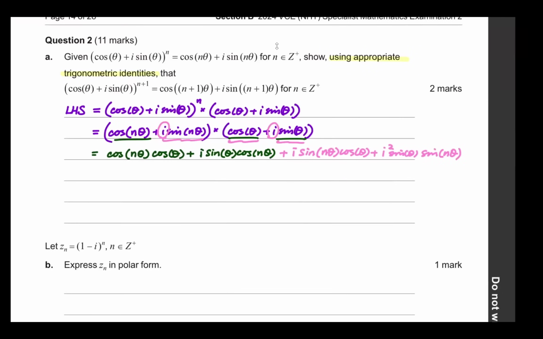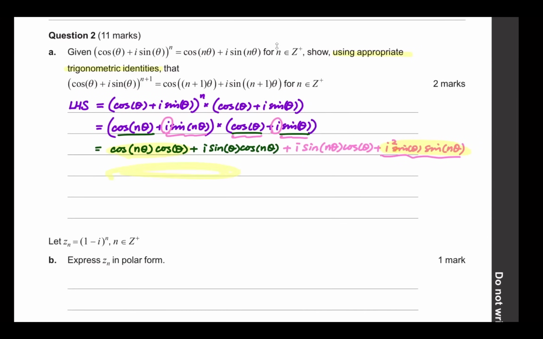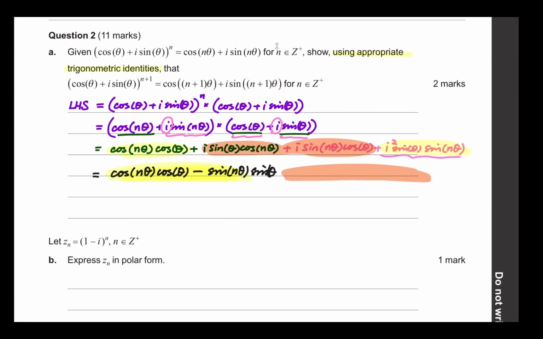What you are going to do next is to collect the real part and the imaginary part for that whole expression, including 4 terms. So this term will be negative sin theta sin n theta. I'll highlight this term in yellow, and also these 2 terms in orange. So it's cos n theta cos theta minus sin n theta sin theta.